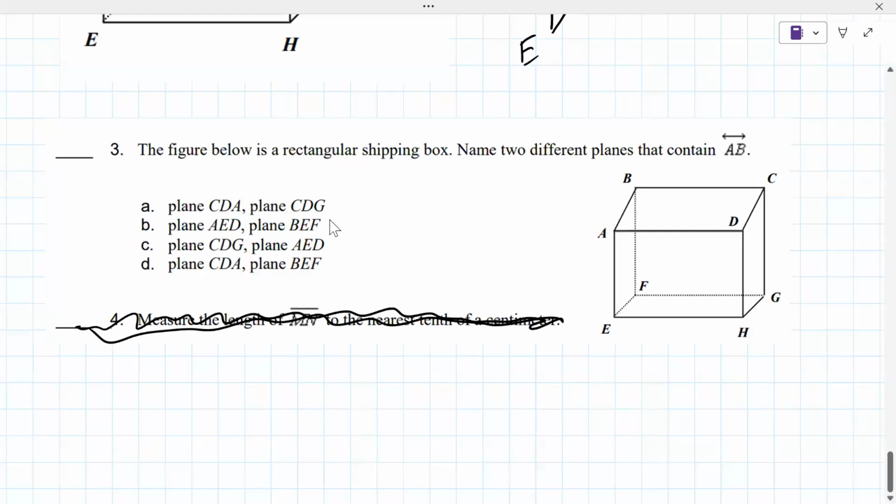Okay. So take a minute or two here and see if you can come up with the answer. It's containing line AB.